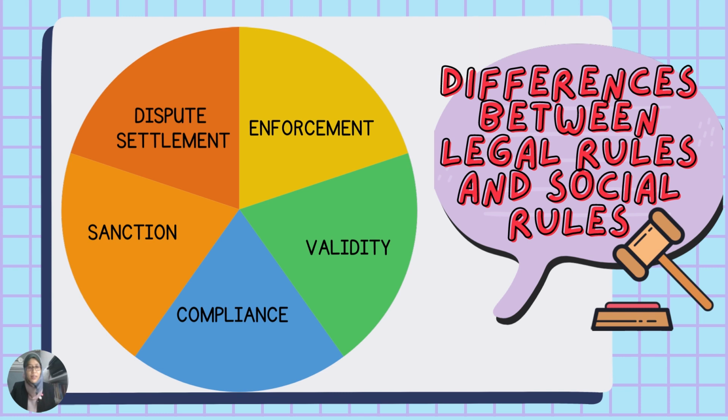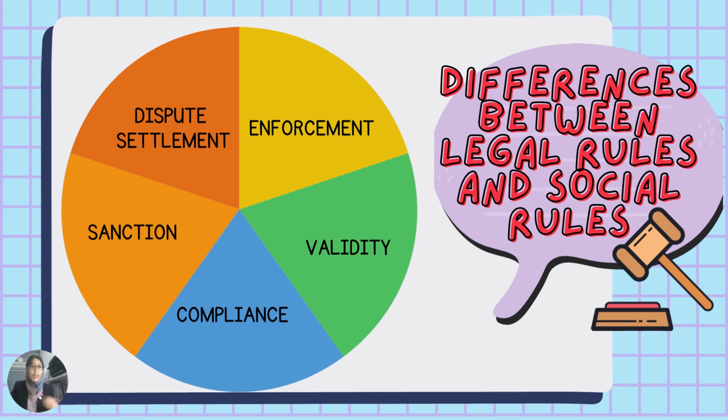And just to sum up again, there are 5 differences between legal rules and social rules in terms of enforcement, validity, compliance, sanction, and also dispute settlement. In terms of enforcement, social rules don't have any legal institution or specific enforcer to enforce the social rule, while for legal rules, we have legal institutions and persons designated to enforce the legal rules.